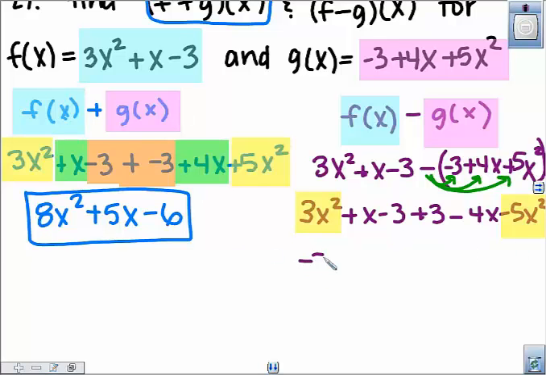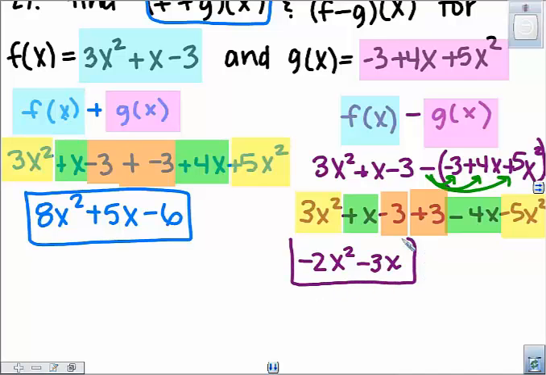So that's negative 2x squared. My x's are x and minus 4x. So that is minus 3x. And your constants are 3 and negative 3, so those cancel out, so you have no constant left. So this is your difference. That's what they asked for here.